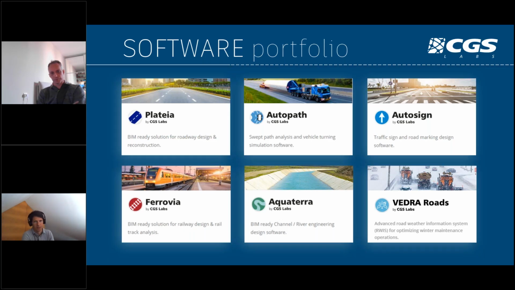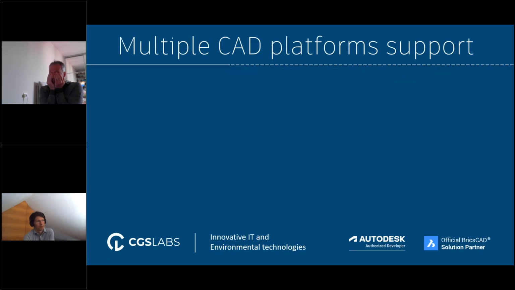It's our IT solution for sensors on the road for winter service, and lastly Ferrovia, our railway design, reconstruction, railway realignment software, which handles it all, and we'll go through some of the details of Ferrovia today.